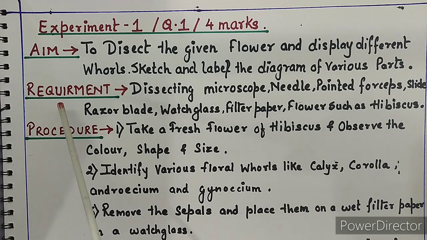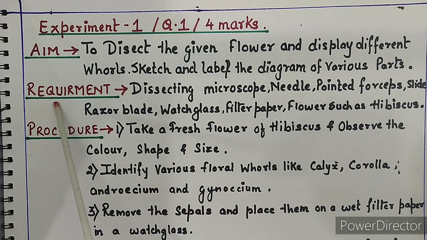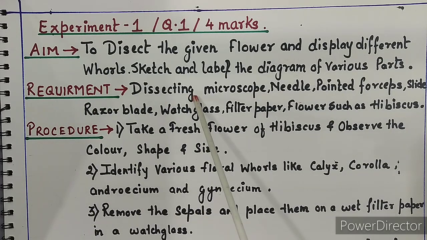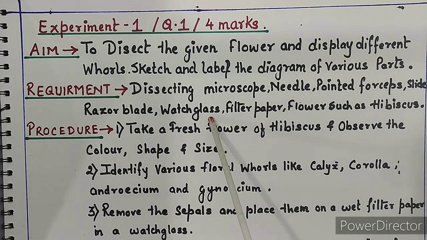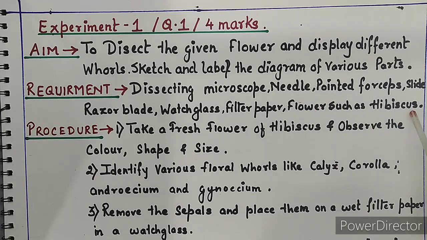To perform this experiment, we require certain things. The requirements for the experiment are a dissecting microscope, needles, pointed forceps, slides, razor blades, watch glass, filter paper, and a flower such as hibiscus.